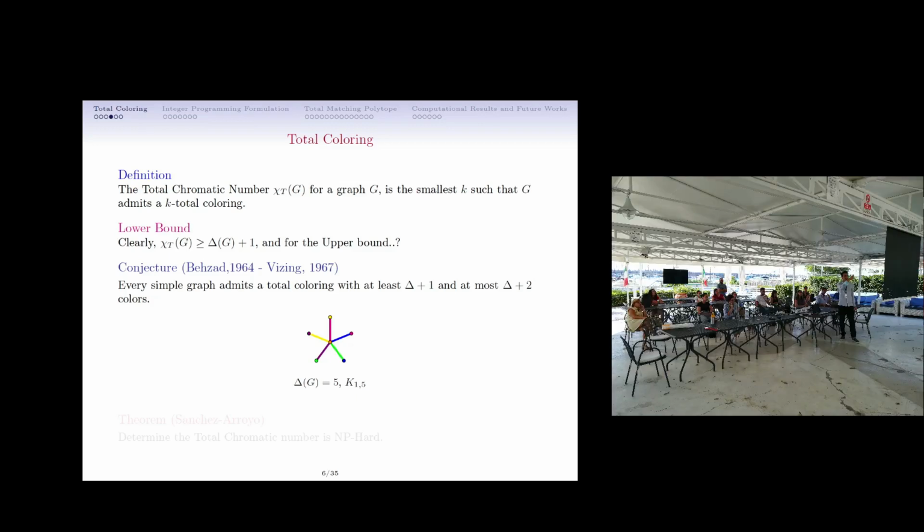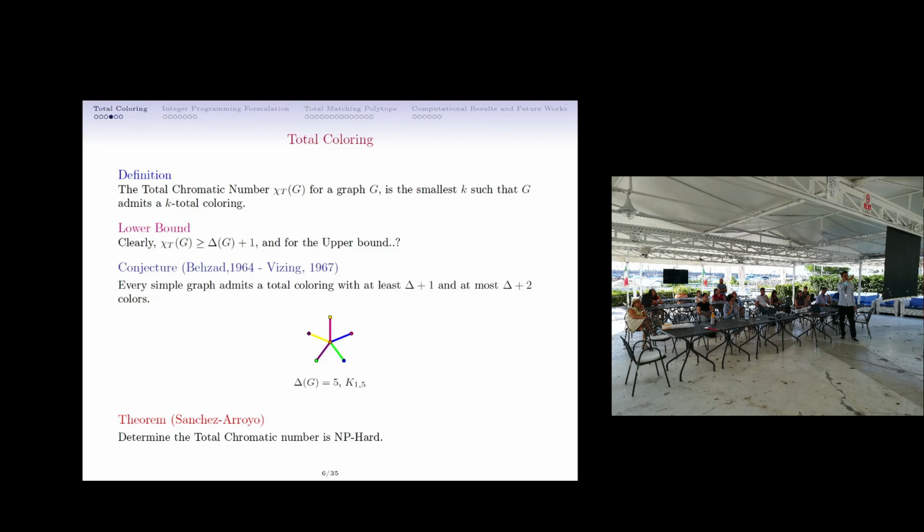We can color the edges with delta colors and use one more color for the vertex V itself. And so here delta is 5. Here we have a star K 1,5, so one vertex and 5 edges.